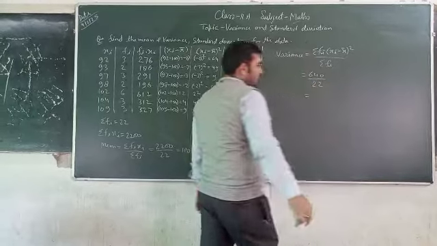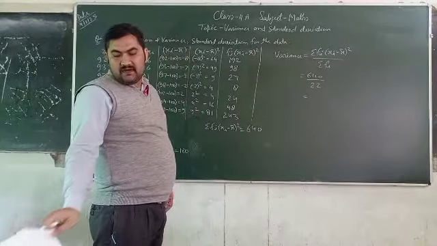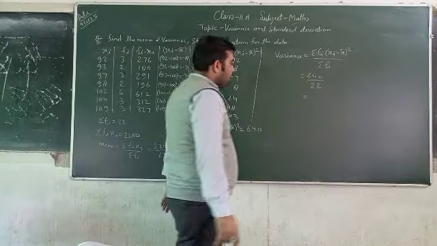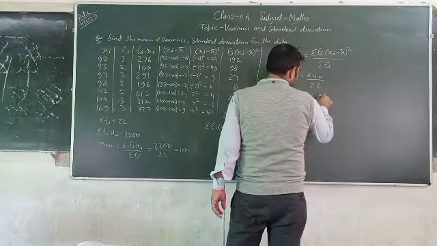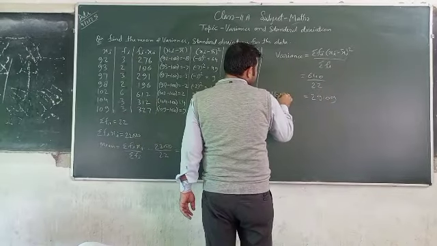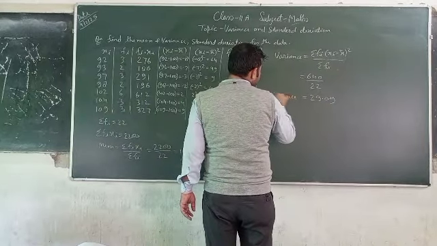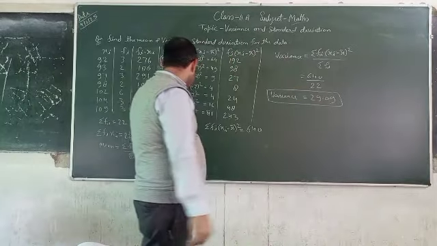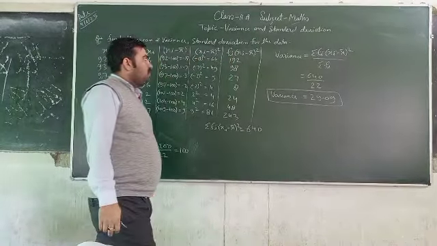और variance कैलकुलेट करेंगे जब, तो इसको डिवाइड करेंगे, and the answer is 29.09. This is your variance, and this is your answer. Okay, now standard deviation.